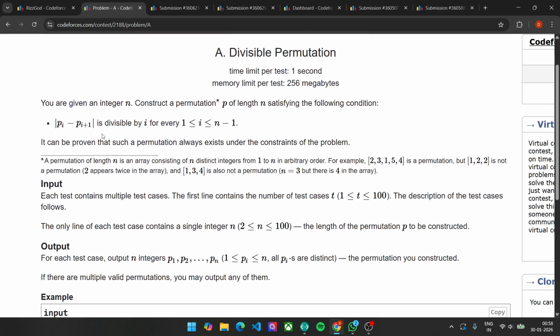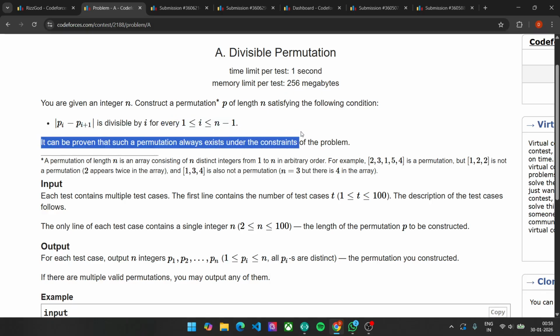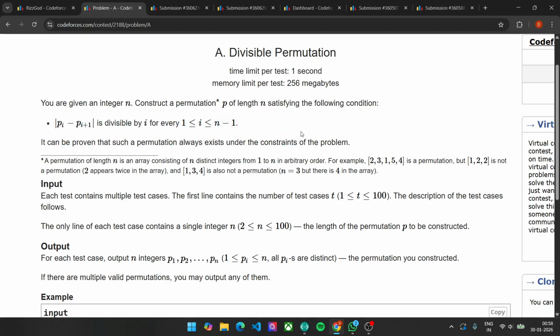We are given an integer n and we have to construct a permutation p for which this condition is satisfied: pi minus pi plus 1 is divisible by i. For every i from 1 to n minus 1, this condition has to be satisfied, right? And they have given that there always exists such a permutation, so we just have to print that permutation.